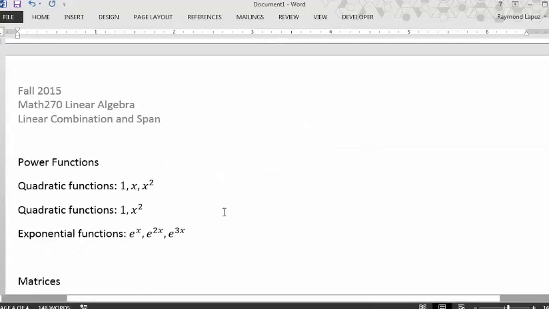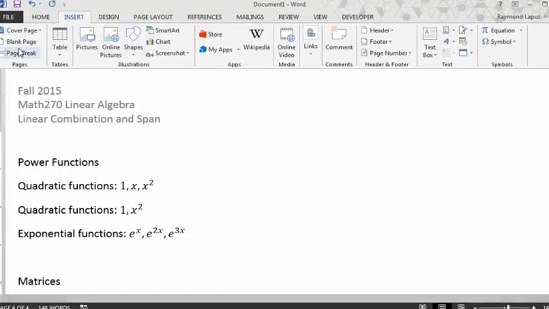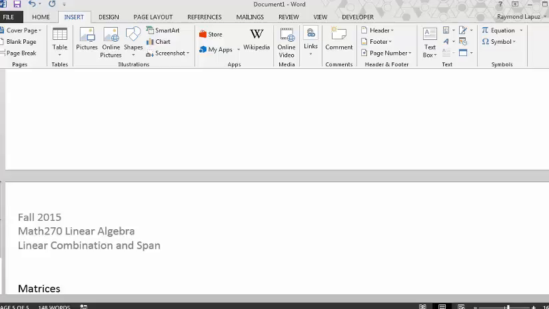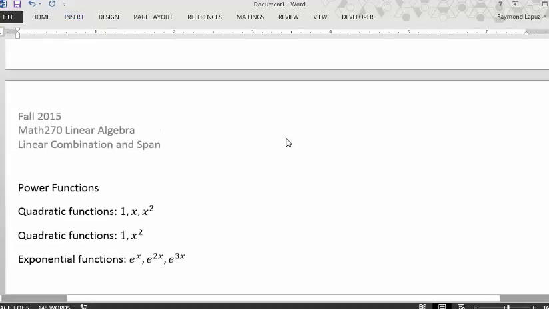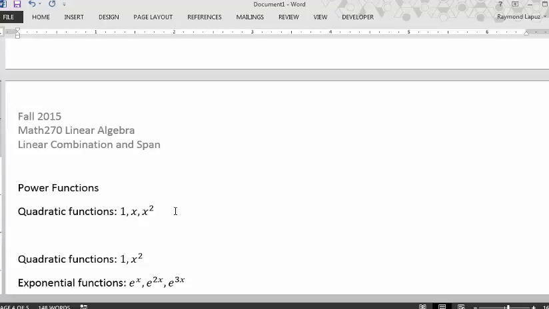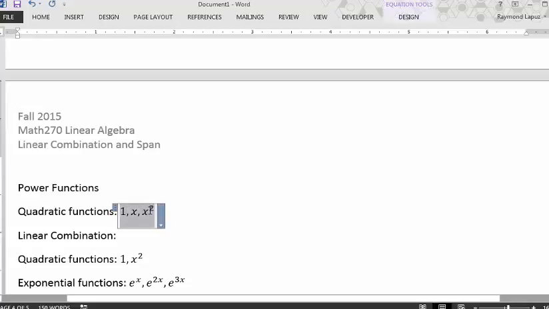Alright, let's take a quick look at power functions when it comes to linear combinations and spans. I have 3 examples here. To get a linear combination, again, it's really just taking these things and then writing a scalar multiple.